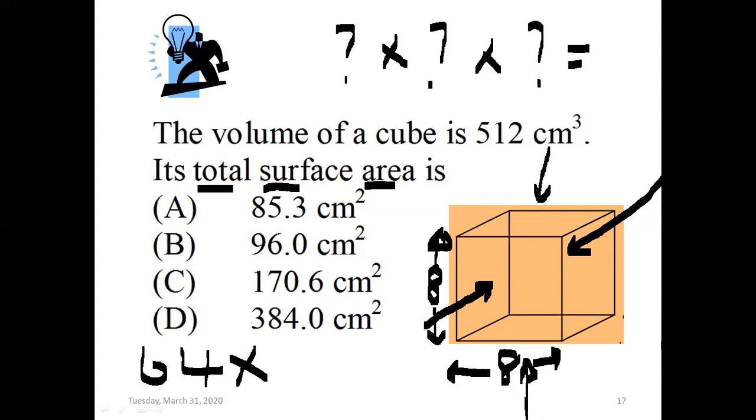Then we have the left side, and then we have the right side. So the total number of faces is 6. If one face is 64, then 6 times 64 would give us the answer. What's 6 times 64? It's D.